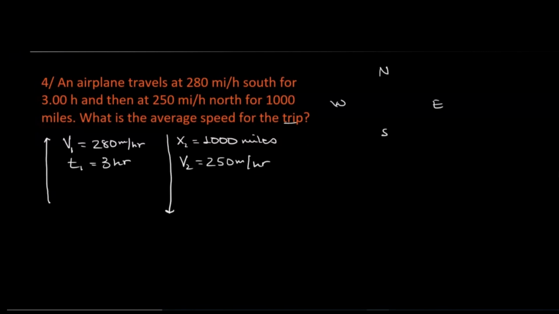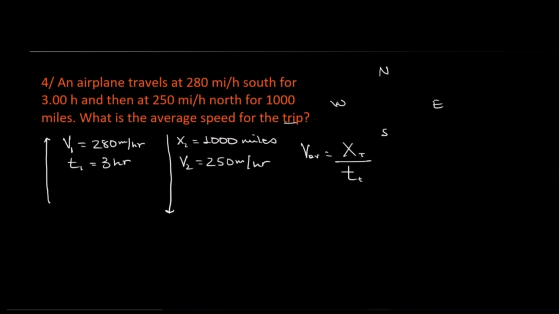So we know the average speed formula is given by V average is equal to X total over time total, the total time taken for the trip. This is a kind of straightforward problem, but I have to know how to calculate my numbers.